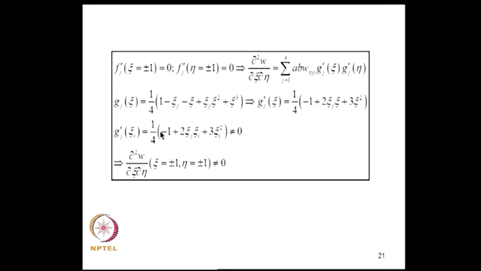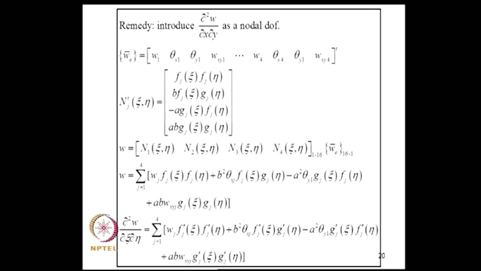So, we introduce for w_xy an interpolation in terms of gj(xi) and gj(eta) functions. So, w now consists of, as before, the same format, but this now has 16 elements, and this is 16 cross 1, and the 16 elements are made up of this, which is a transpose. So, 4 of this evaluated at j equal to 1, 2, 3, 4.